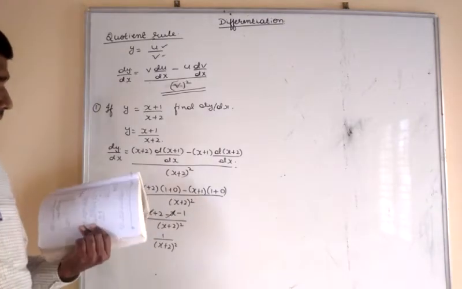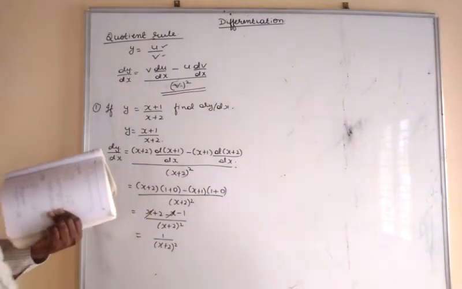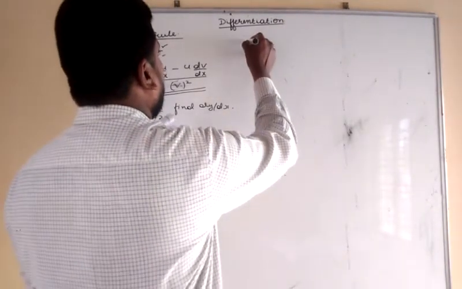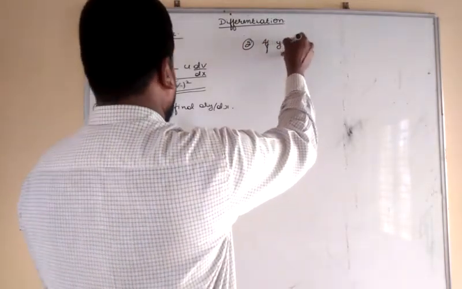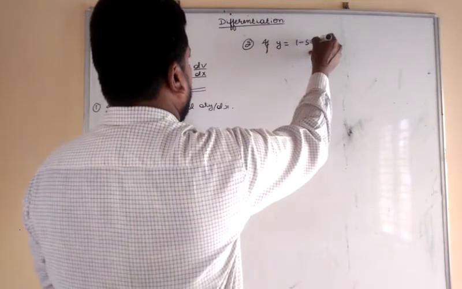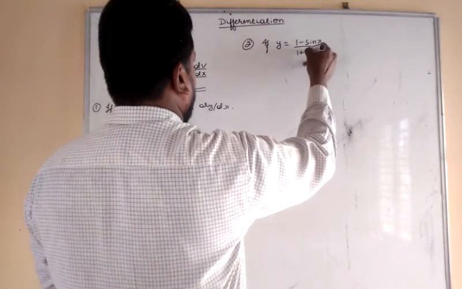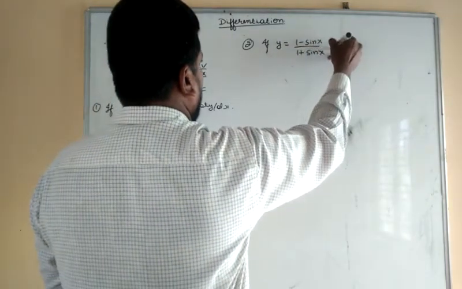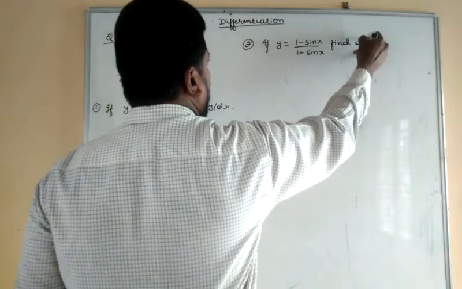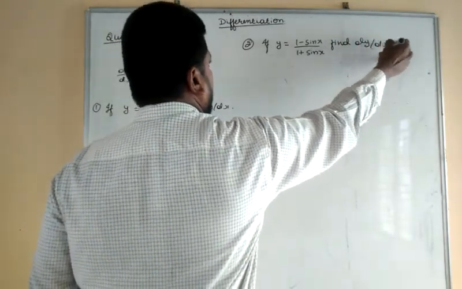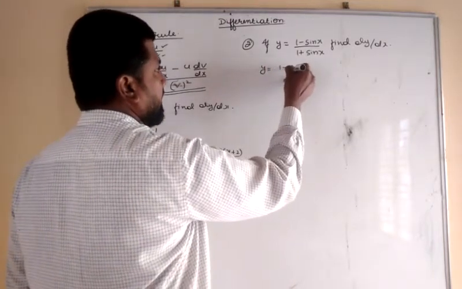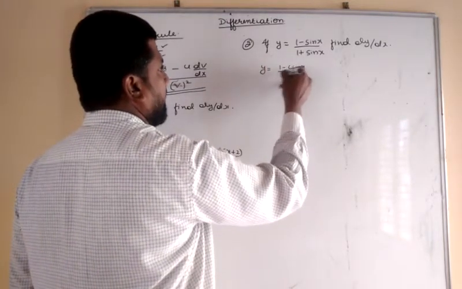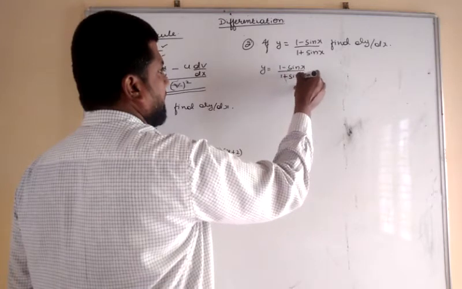Okay, let us take another problem here. If y is equal to 1 minus sin x by 1 plus sin x, find dy by dx. So let us take the problem y is equal to 1 minus sin x by 1 plus sin x, the function he has given.